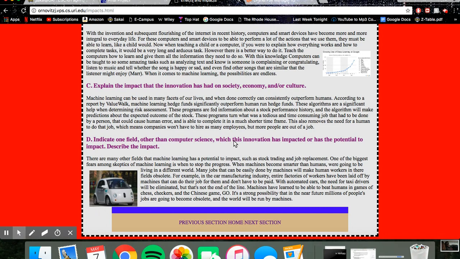D, indicate one field other than computer science which this innovation has impacted or has the potential to impact. So machine learning seems to be the way of the future. There's a lot of areas of society that this innovation impacts. For example, cars used to be built entirely by humans, and now manufacturing factories are just run by robots, and everything's just built.